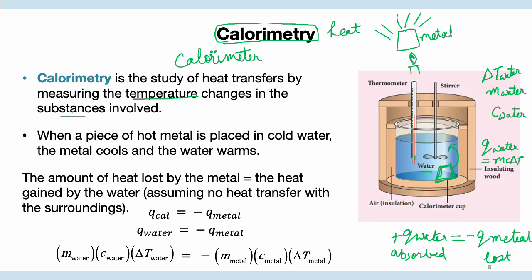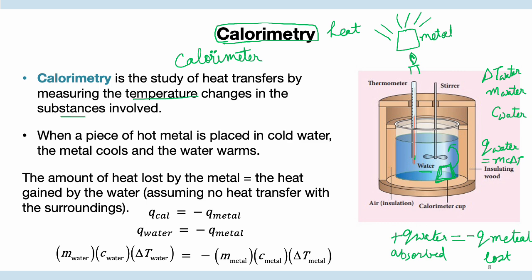If I want to know the c of metal, I can rearrange this equation and solve for c of metal. If I want to know the mass of the metal, I can rearrange this equation and solve for mass of metal. So that is what calorimetry does. It's a technique that can help you understand the amount of heat that was transferred during any process.